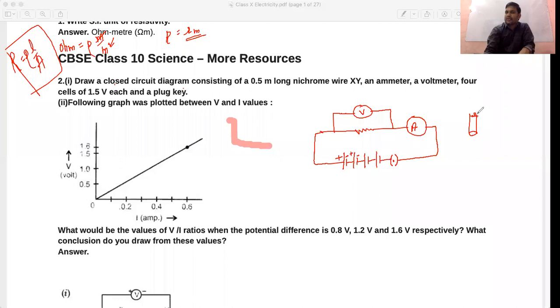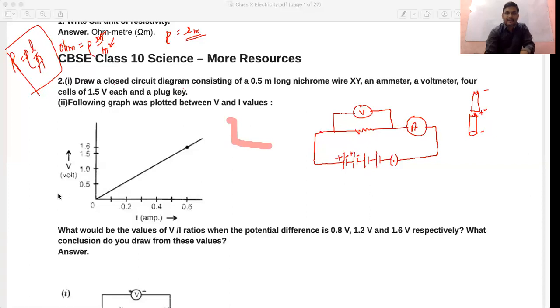Suppose this is positive and this is negative; when another cell is added, it is connected like this, so again negative and positive. It is always connected positive to negative, positive to negative. Is it clear?